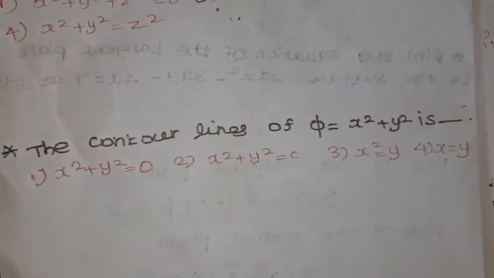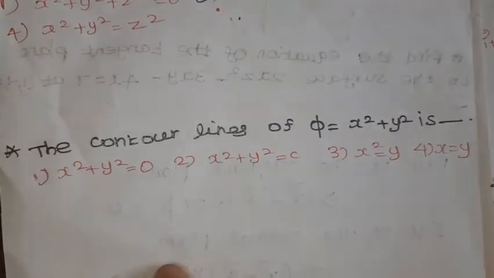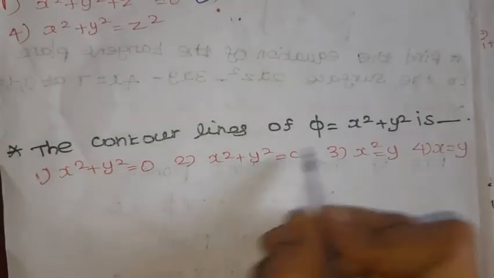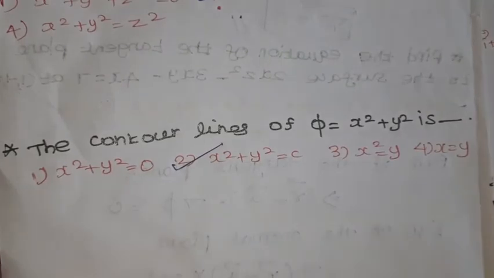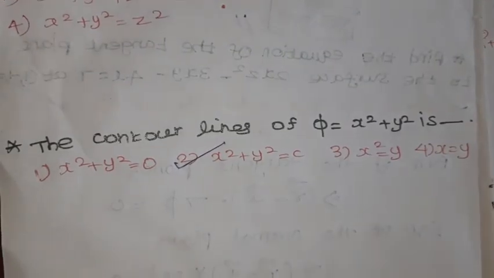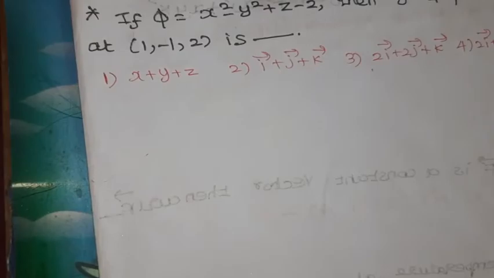This is the answer. Then the contour lines of phi equal to x squared plus y squared. Contour lines are 2-dimensional, for every constant. So x squared plus y squared is equal to c, is the answer. Then we'll move on to the next problem.